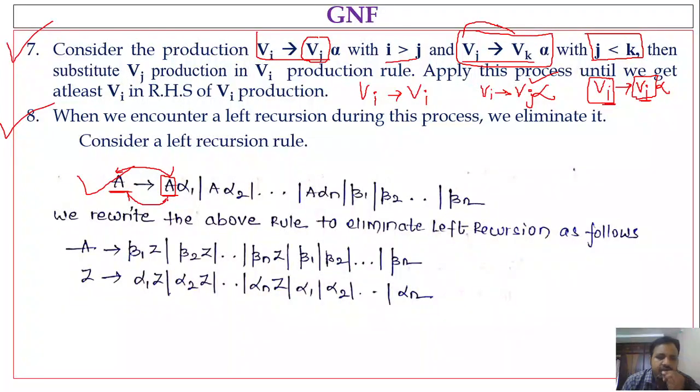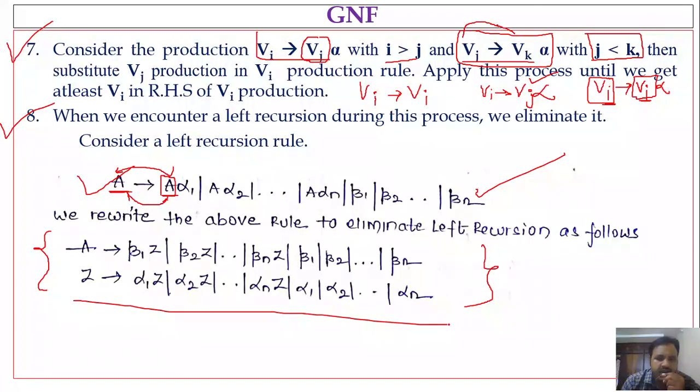So we have to eliminate the left recursion by rewriting this production rule. These are the two steps that we have to write for removing the recursion.